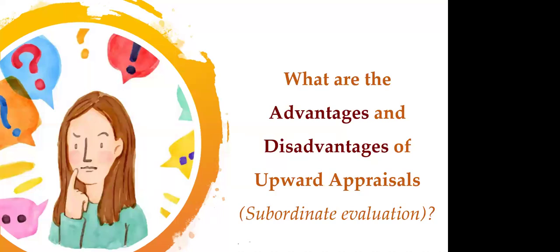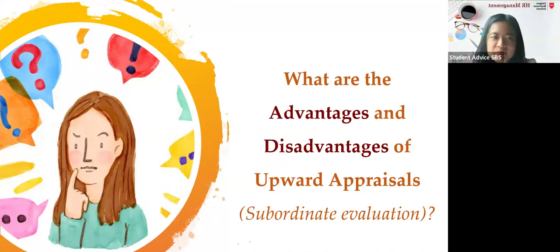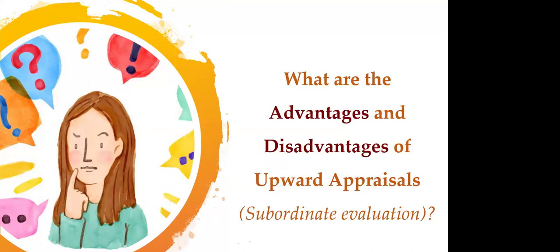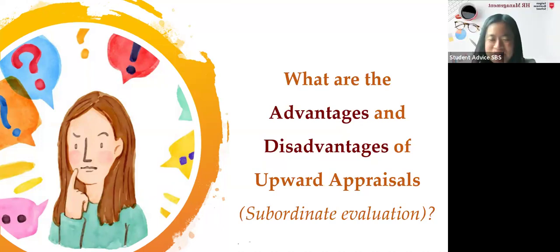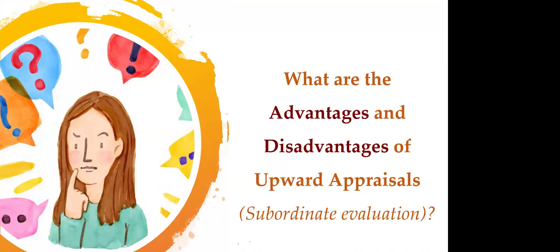All eyes are on them, from the CEO down to the least employee in the organization. Everybody is accountable for his or her actions. This is one of the good things upward appraisal does. You don't know who is watching you, you don't know who is stepping on your toes.